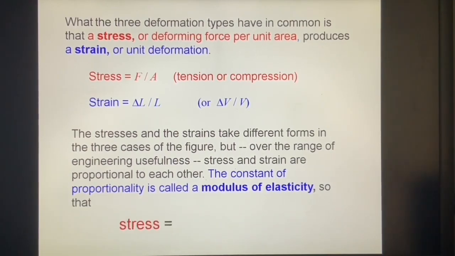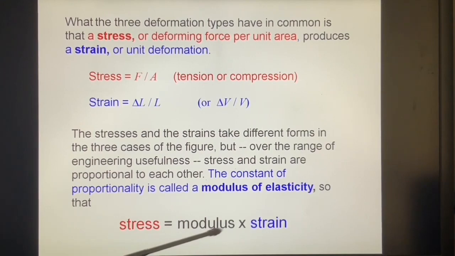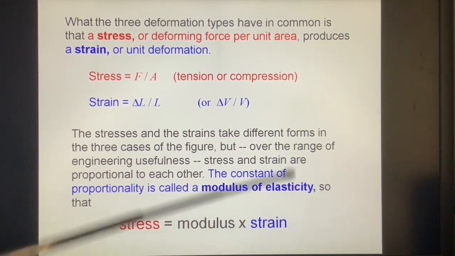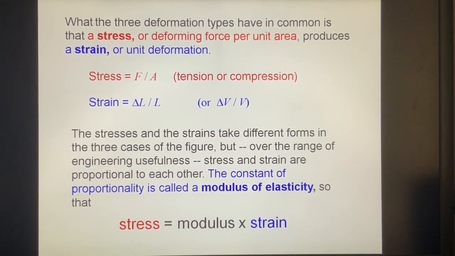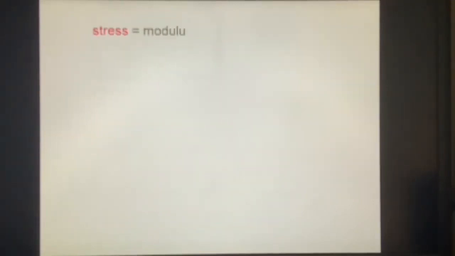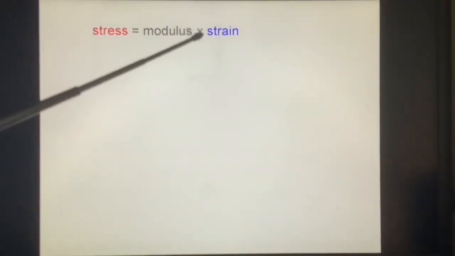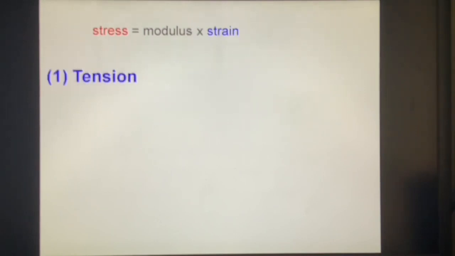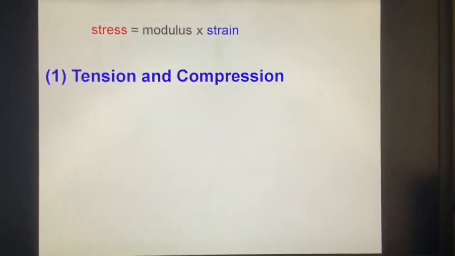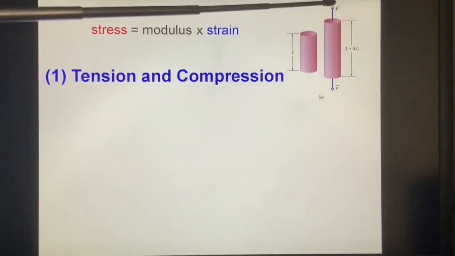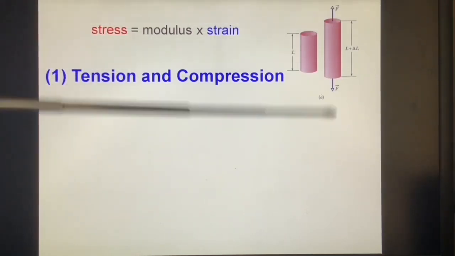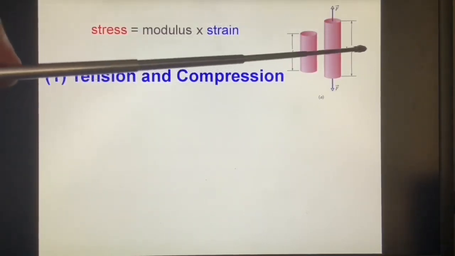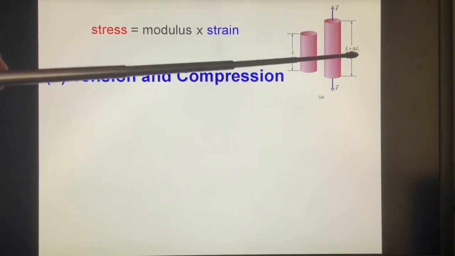That is, stress equals modulus multiplied by strain. Take tension and compression, either pulling out or pressing in: there will be a delta L. Delta L can be positive or negative.